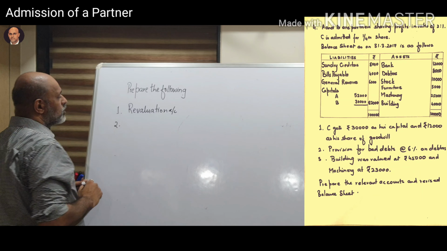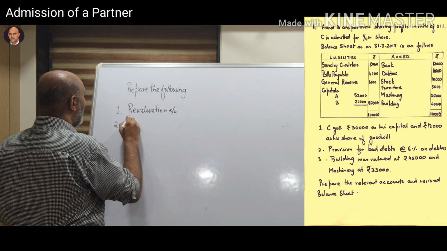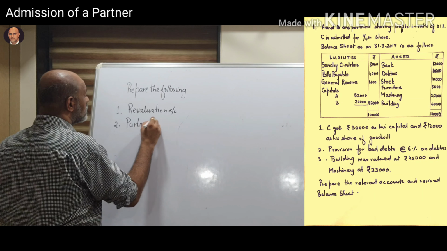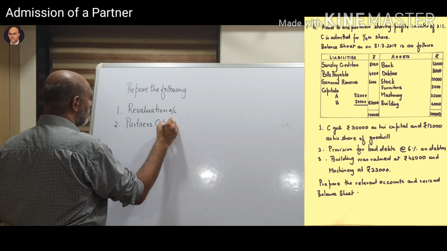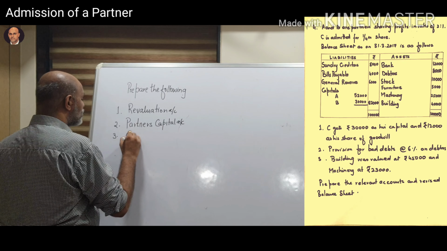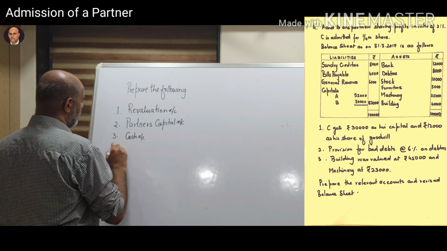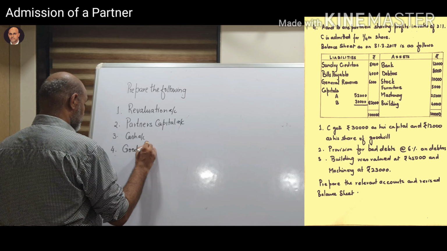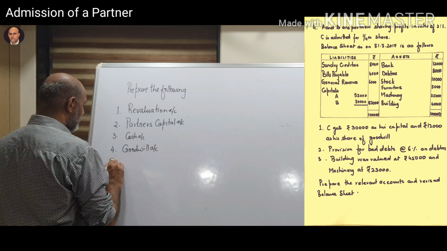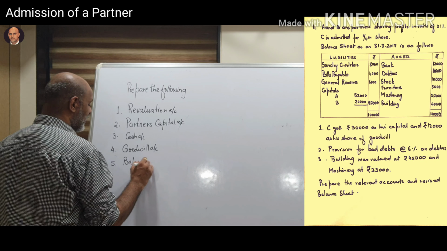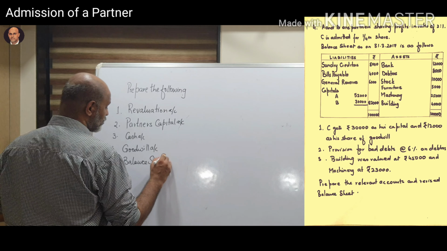Number two, the partner's capital account. Number three, the cash account. Number four, the goodwill account. And number five, you shall prepare the balance sheet, that is the new balance sheet or the revised balance sheet.